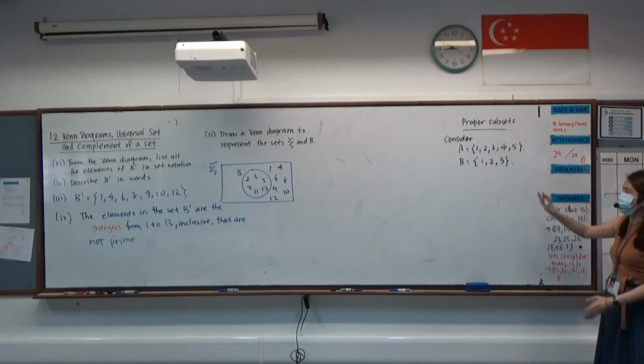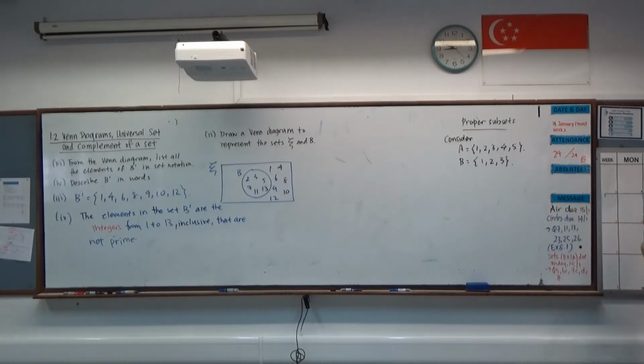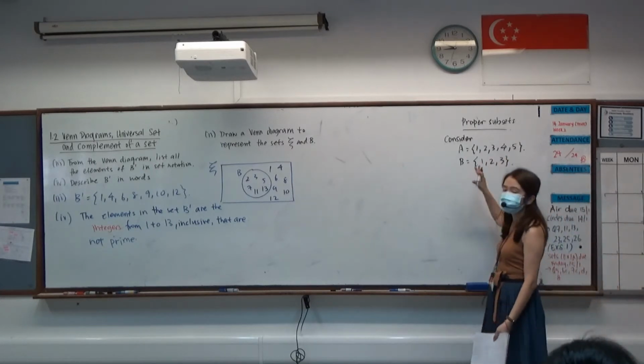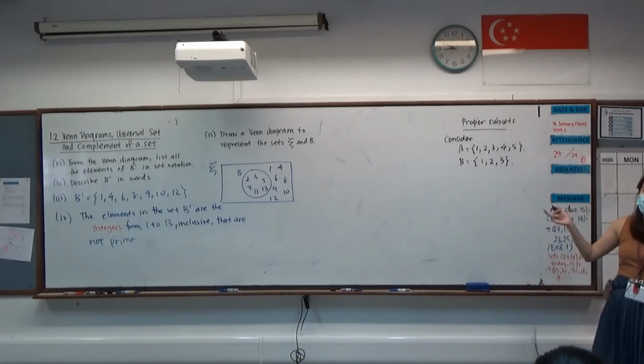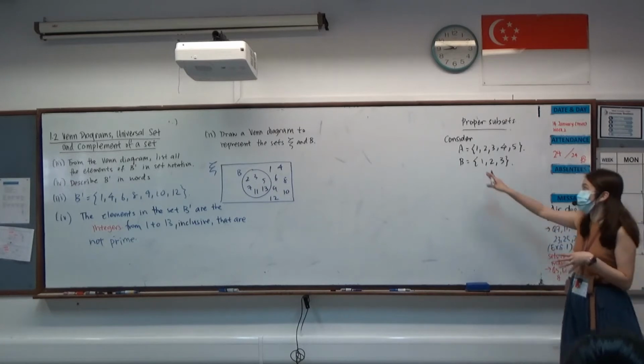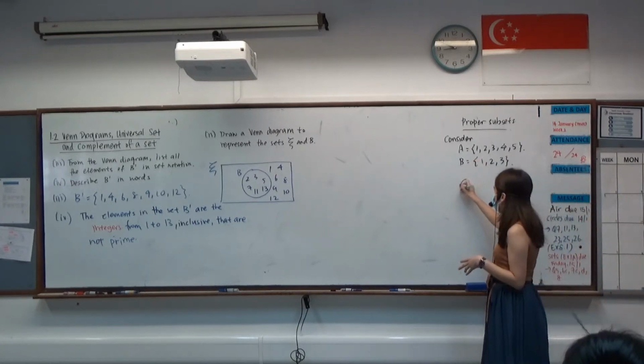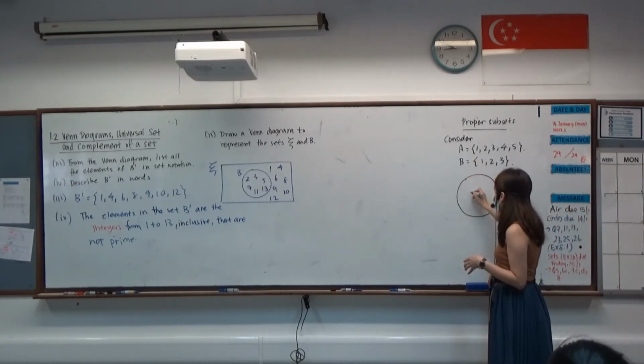So for instance, if I talk about the set A to be containing elements 1, 2, 3, 4, 5, and then the set B containing 1, 2, and 3, we find that B is completely inside A. So if I want to draw a Venn diagram, recognize that none of A and B are actually universal sets. The symbols are just A and B, so we will be drawing circles instead.